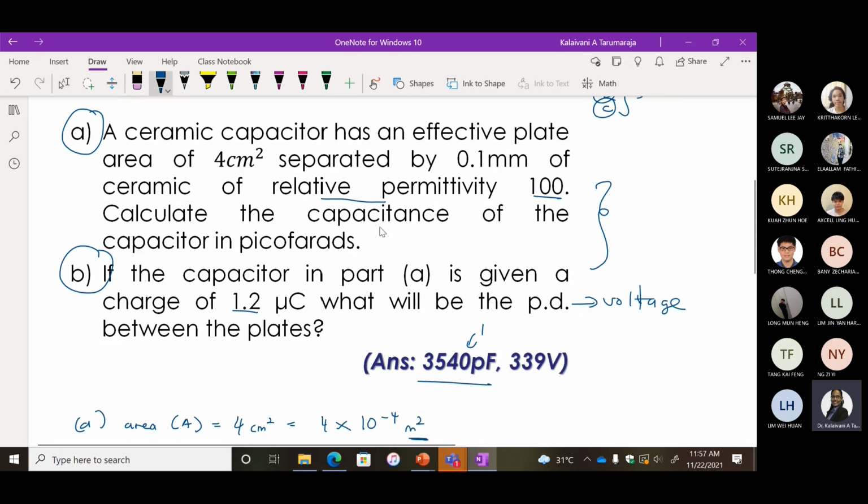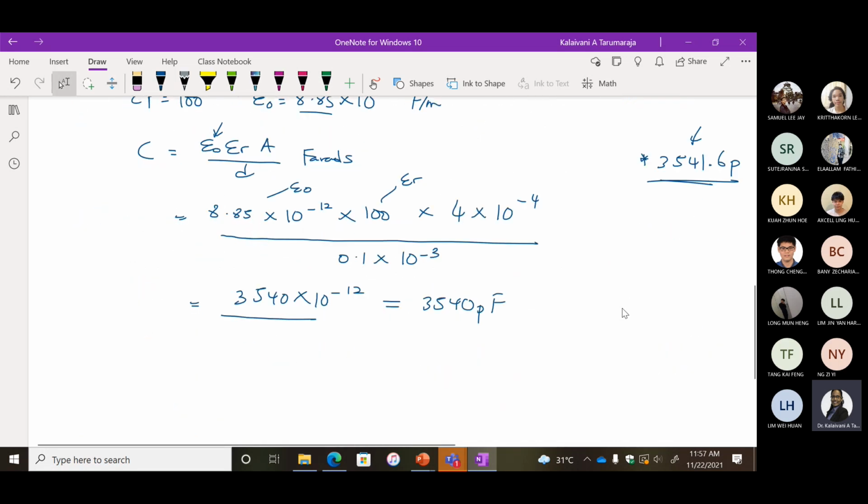In the B, they already let you know that what we need to find is the potential, meaning the potential difference, voltage. Now we can substitute directly because it's quite easy. The first thing we need to know is the formula. Charge equals CV, right?